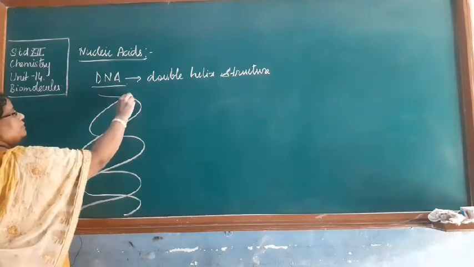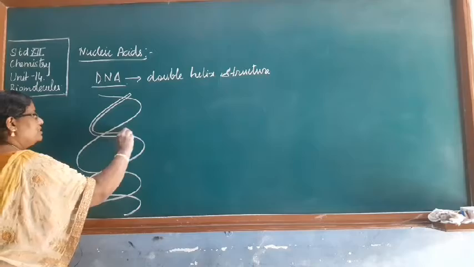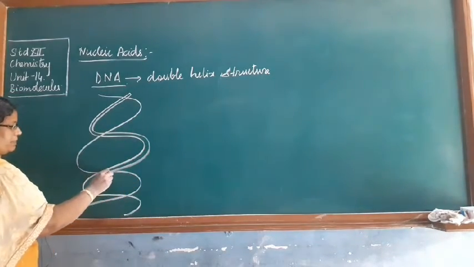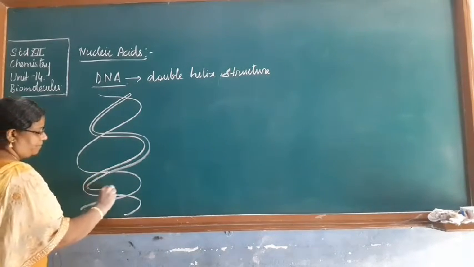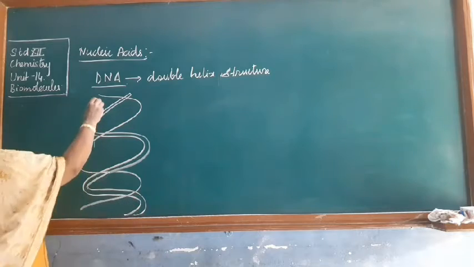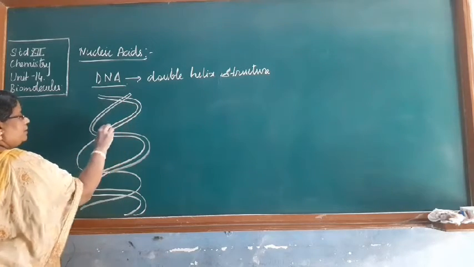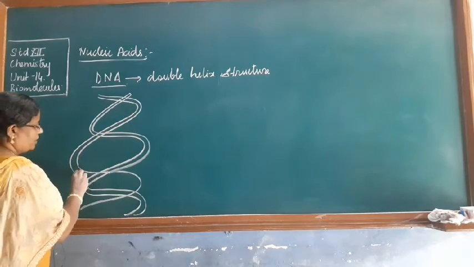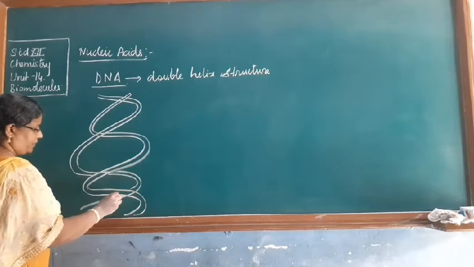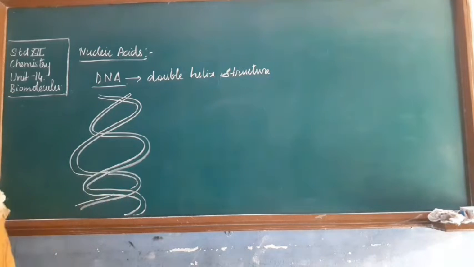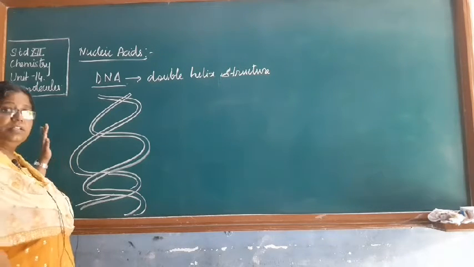So you can observe that there is a double helical structure which is coiled in this manner. Okay, so this is how you will find the double helix structure of DNA. It was found out by Watson and Crick that DNA had a double helical structure.